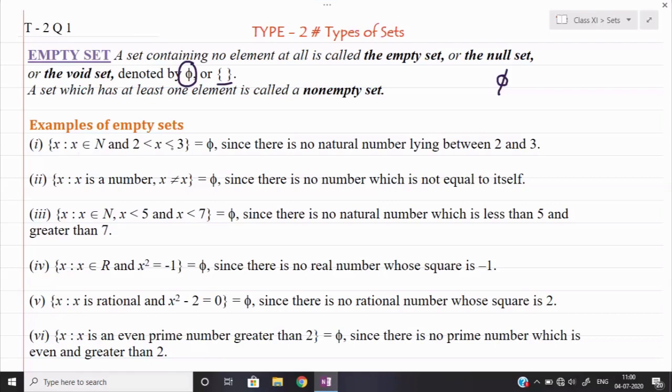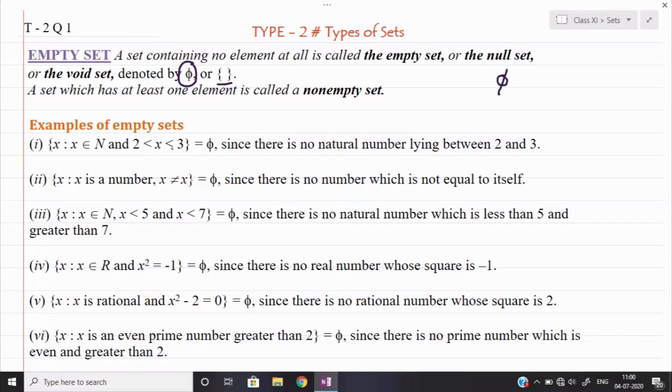So both conditions cannot be satisfied. Between 2 and 3 there are many numbers, but there is no natural number. So the set is an empty set because there is no natural number lying between 2 and 3.